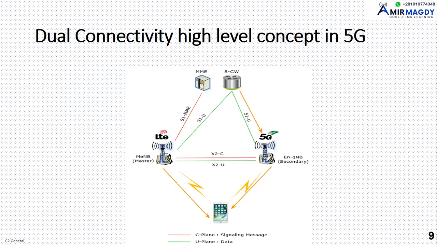The 5G RAN or the E node B? Remember this part, your user is connected to both the E node B and the G node B. So the traffic of the video will go to the 5G RAN.